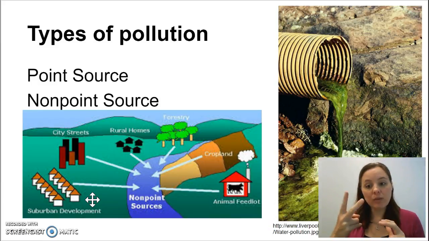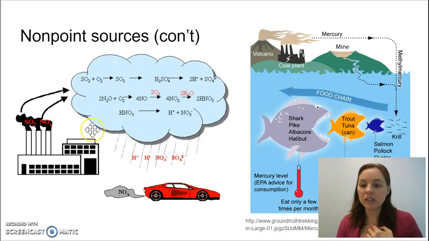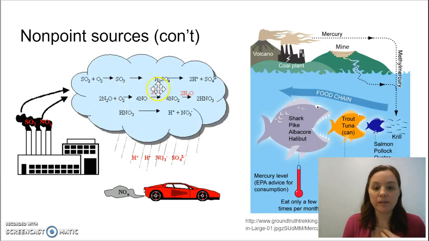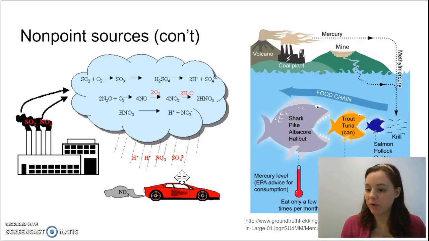Those are the two main types of water pollution. But we also have some other types of pollution. Air pollution can become water pollution when it combines with water in the atmosphere, like mercury, sulfur dioxide, and nitrogen oxides. Then it can become precipitation like acid rain, or you can get methyl mercury precipitation into water, and then it works its way up the food chain or causes other sorts of environmental problems.